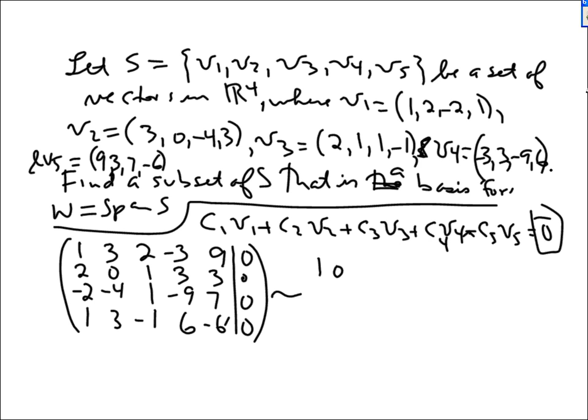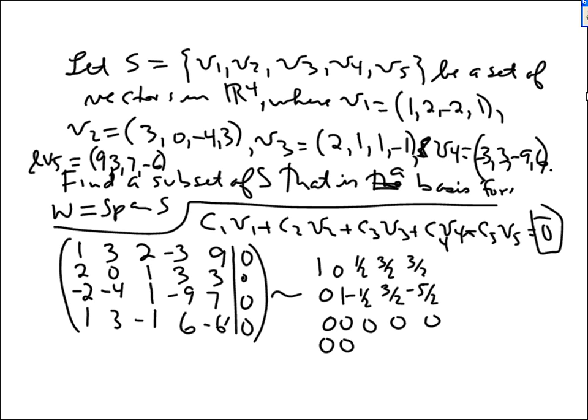I got 1, 0, 1 half, 3 halves, 3 halves, 0, 1, negative a half, 3 halves, negative 5 halves, and then 2 rows of zeros. It's augmented with all zeros still.